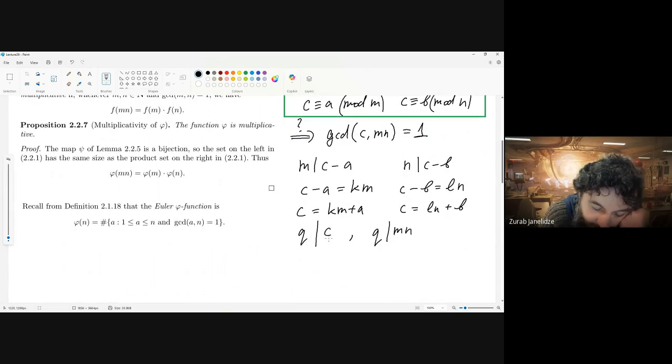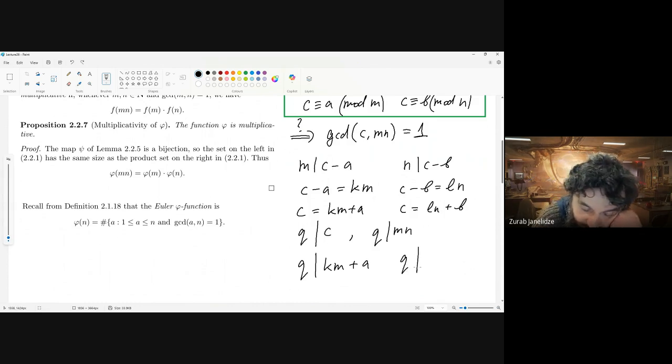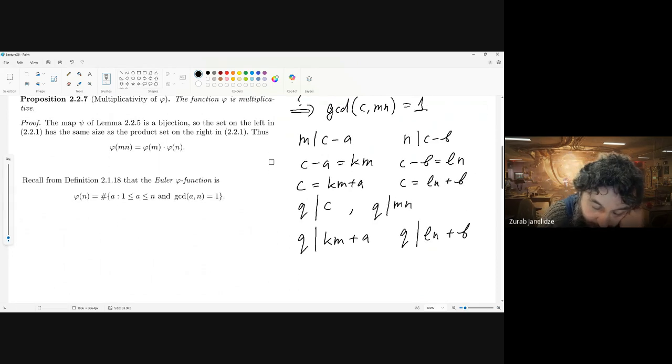Q dividing C means that Q must divide Km plus A, and because it divides C, it must also divide Ln plus B, right? But because Q divides Mn, we can't really say that Q divides M, right? That we can't say.